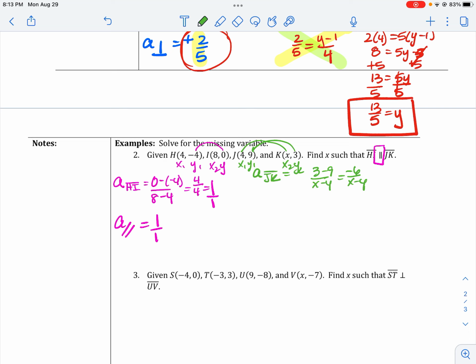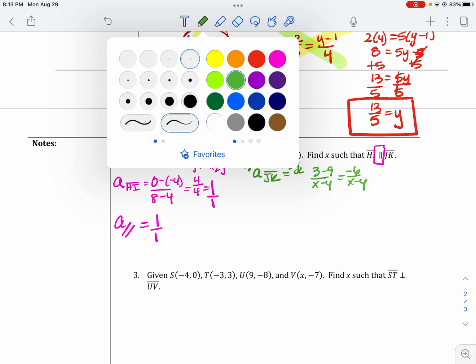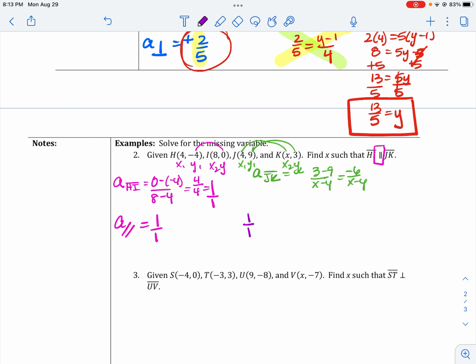So now we need to set the two slopes equal. Even though they're weird looking, that's a slope and that's a slope. So we're just going to set those two things equal. So I have 1 over 1 equals negative 6 over x minus 4. You can see now why I wanted to have this 1 over 1, so we could see how to multiply.